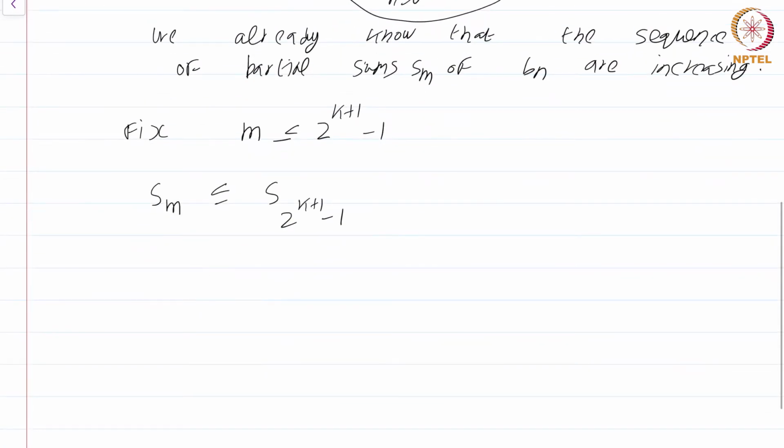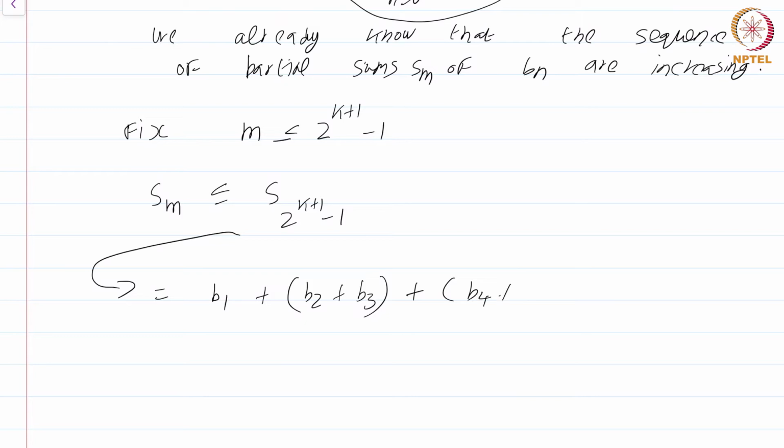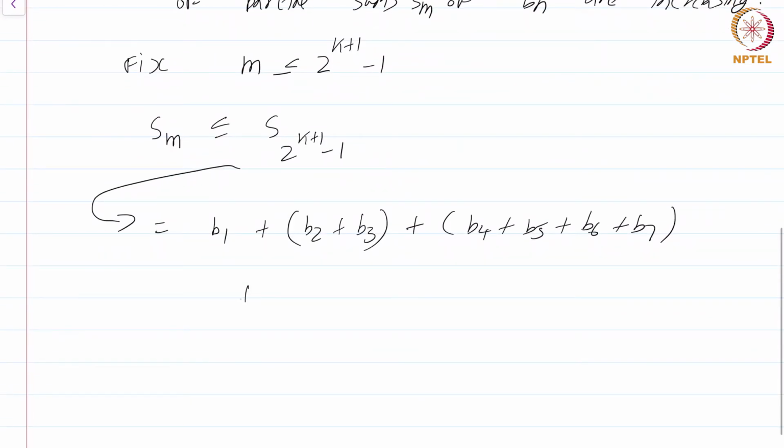So how does this help? Well, we pull the same trick, which is very similar to what we have already seen in showing that summation 1 by n squared is convergent. This is nothing but b1 plus b2 plus b3, which we group together, plus b4 plus b5 plus b6 plus b7, which we group together, and so on. And finally you start at b 2 power k and go all the way up to b 2 power k plus 1 minus 1.